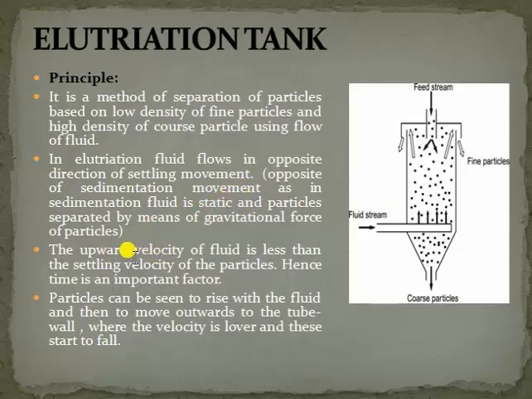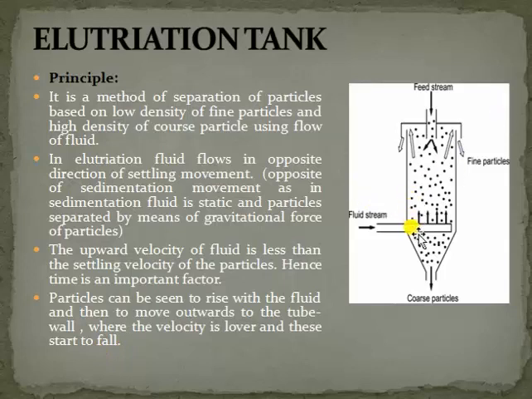When the upward velocity of the fluid is less than the settling velocity of the particle, the fine particles will be in movement, travelling against the gravitational forces, and the coarse particles are collected from the bottom. The particles can be seen to rise with the fluid and move outwards to the tube wall, where the velocity is lower, and then start to fall.